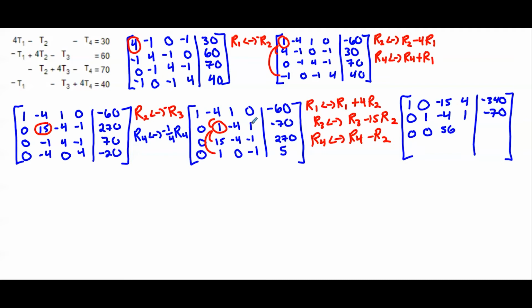Negative 1 minus 15 be negative 16. And I've got 270 minus 15 times negative 70. 1320. I did that in a calculator.